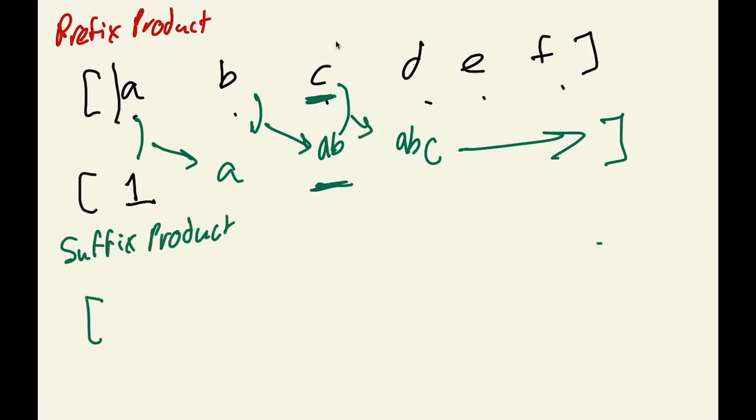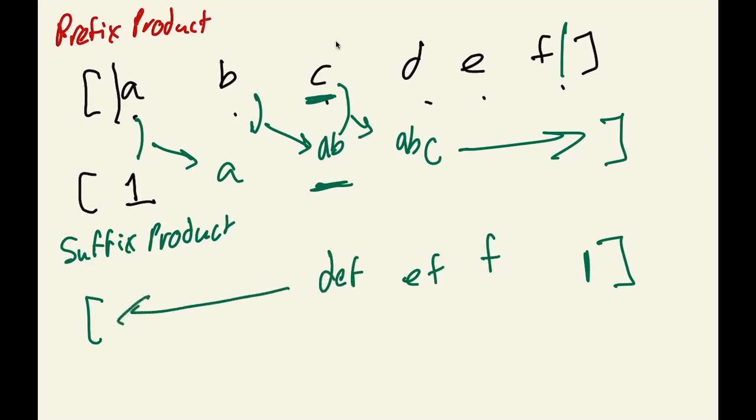How would we approach a suffix? Where is the minimal suffix? Which side of the array is it on? Exactly, it's on the right side, because the suffix of F is the empty suffix. So we do the same thing, except we go backwards, because we always need to know the suffix of elements moving backwards. Now this becomes F, and then EF, and then DEF, and so on.